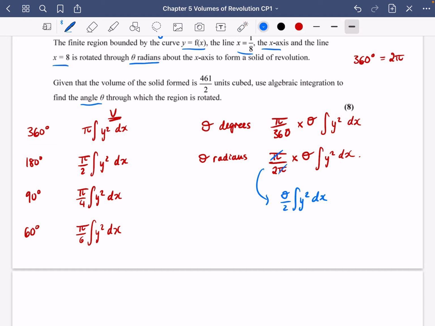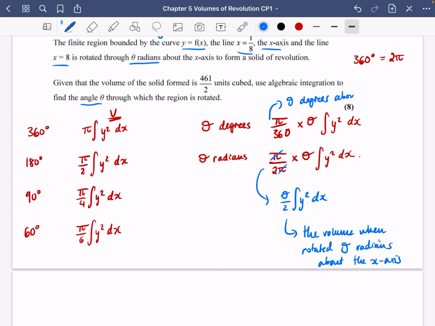So this little thing I've written here, you don't need to memorize this formula, but this is the volume when rotated theta radians about the x-axis. And this one up here was rotated theta degrees about the x-axis. But because of the context of this question, they want theta radians. We're going to be using this idea at the bottom here.